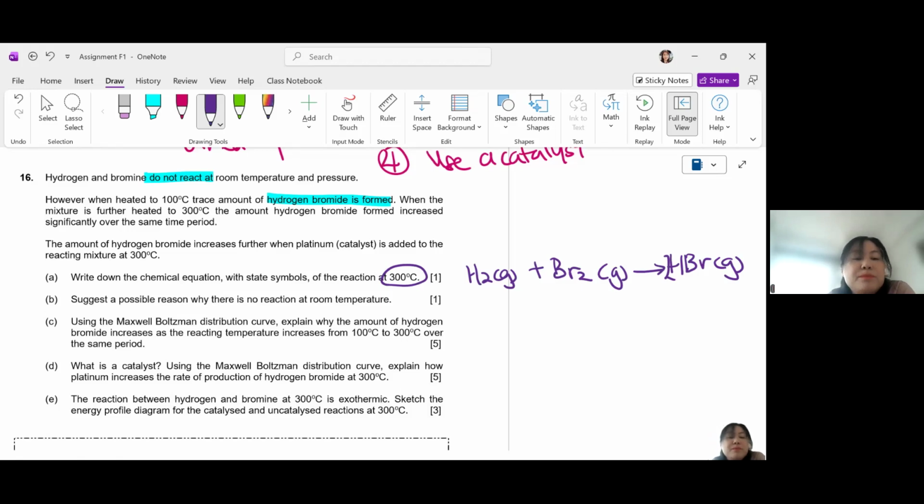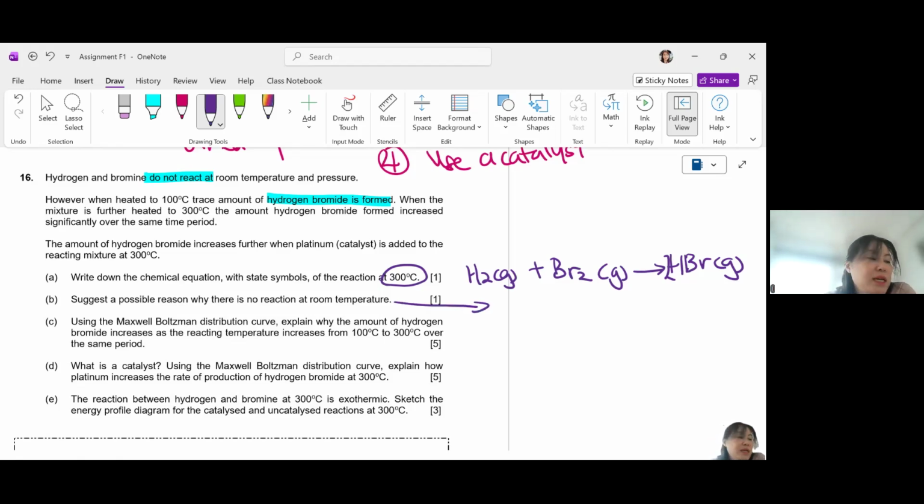Right? Okay. Part B. So they are asking you what could be a possible reason why there is no reaction at room temperature. So at room temperature, the particles may not have enough kinetic energy to overcome the activation energy for effective collision.